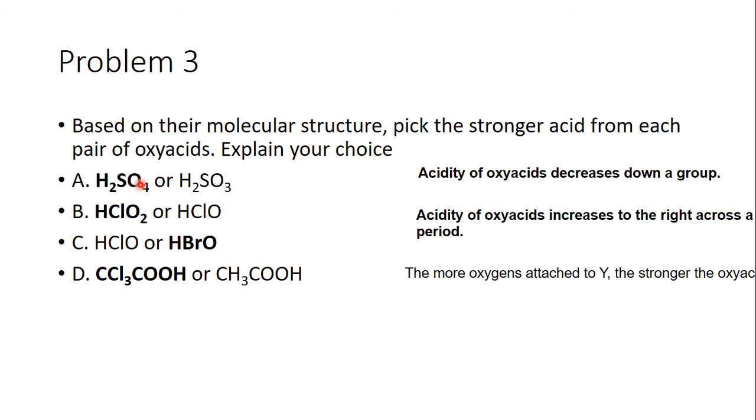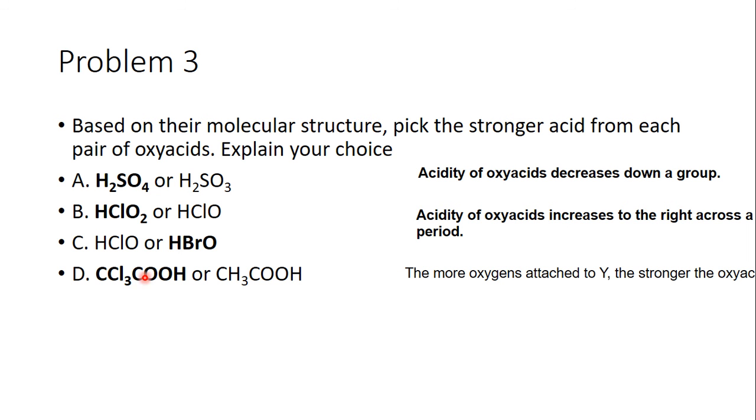H2SO3, SO4 has more oxygen, so it's more acidic. HClO2 versus HClO, ClO2 has more oxygen, so it's more acidic. HClO versus HBrO, so I actually have this backwards. It should be HClO because Cl is further up the group.